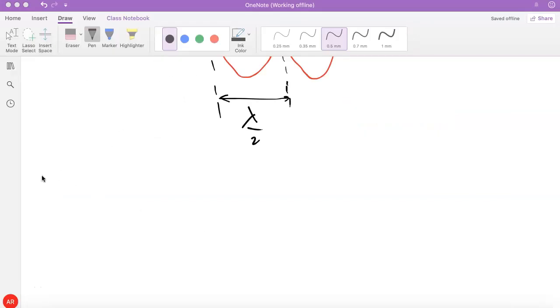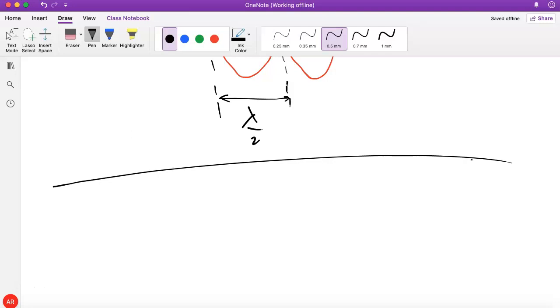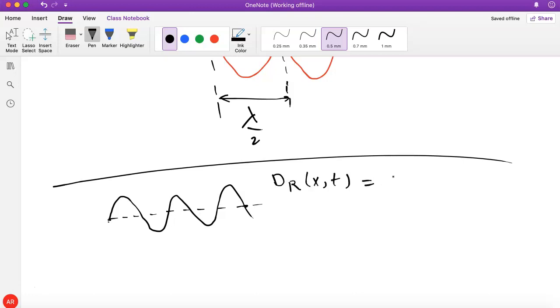So let's now think a little bit about the mathematics of these standing waves. Let's consider one sinusoidal wave traveling to the right. Let's call the amplitude small a.